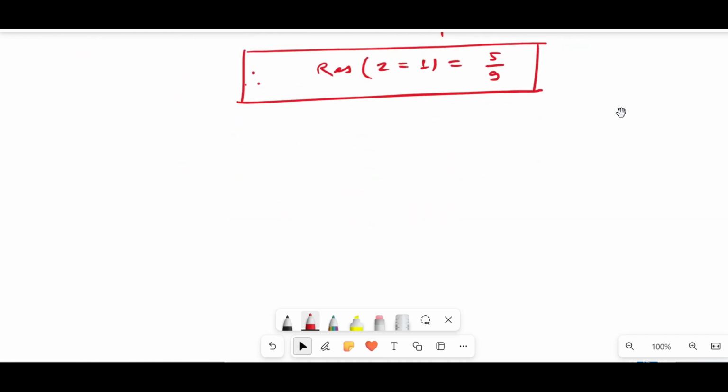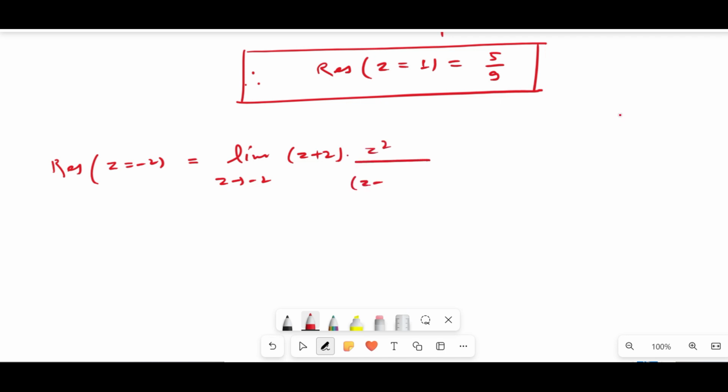Similarly, we can find the residue for the simple pole z is equal to -2. So by the formula we can write, limit z tending to -2 for the simple pole, z plus 2 times f of z, that is z square over z negative 1 to the whole square times z plus 2. We can say this factor gets cancelled out.